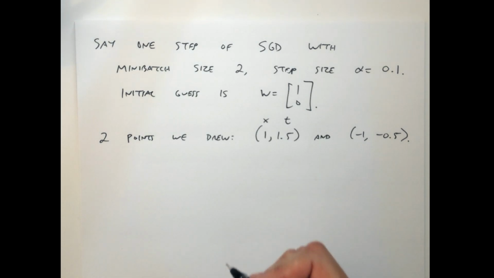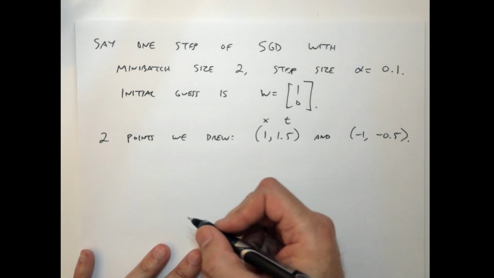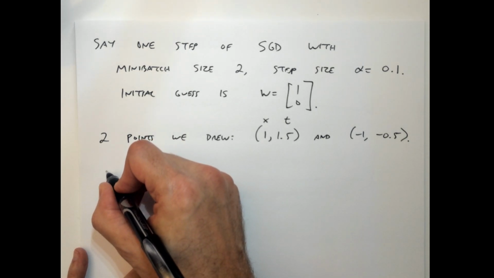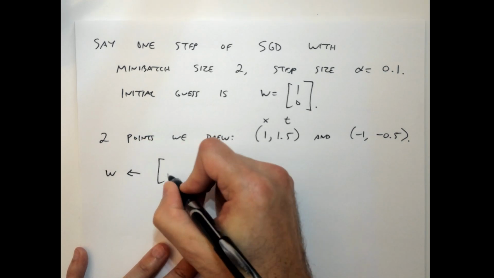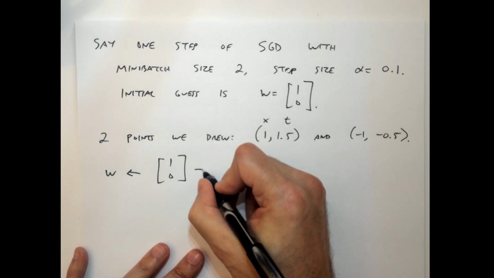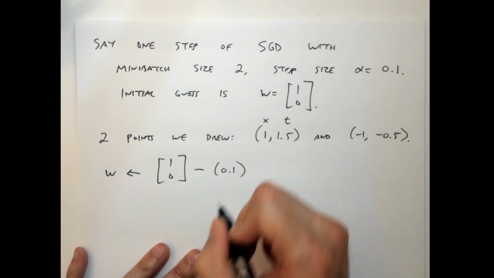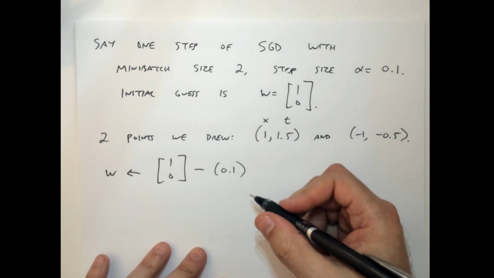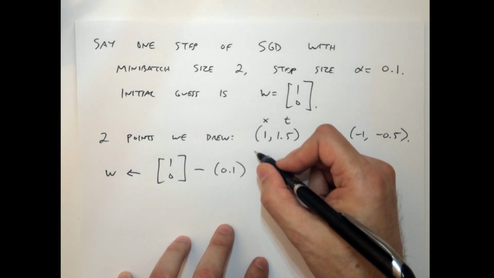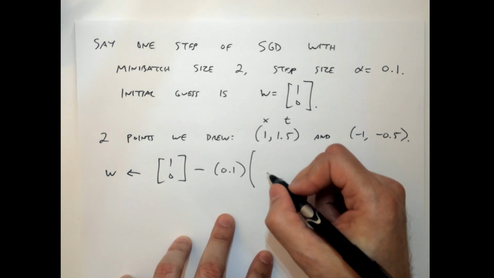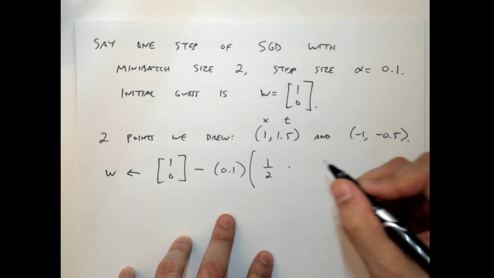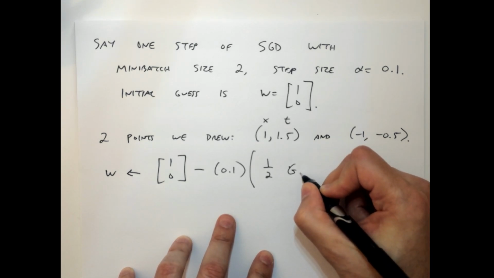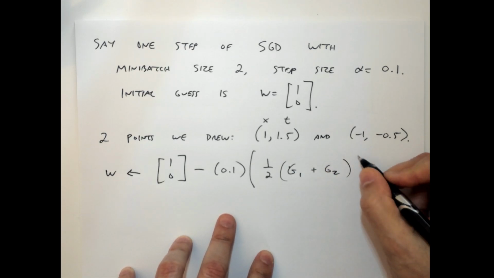We're going to say that my new W is going to be where I am now minus the step size times the average of the gradients. So we're going to have the average of whatever these 2 gradients are.